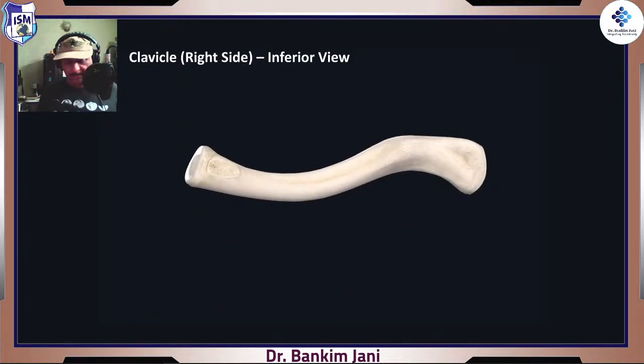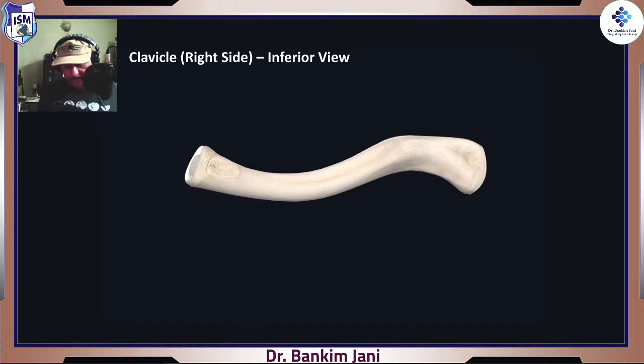now next is, say, this is the inferior view. Now if we take this clavicle out and watch it from underneath, just from underneath, to see how it really looks. See, some points are important from the concept.